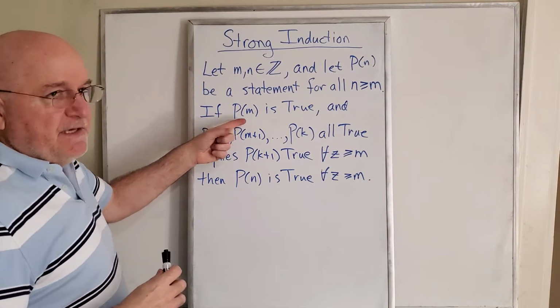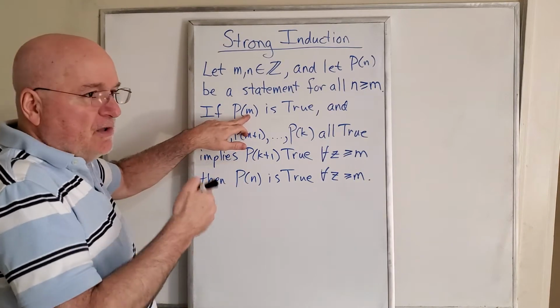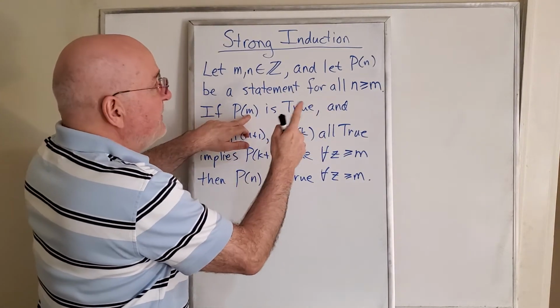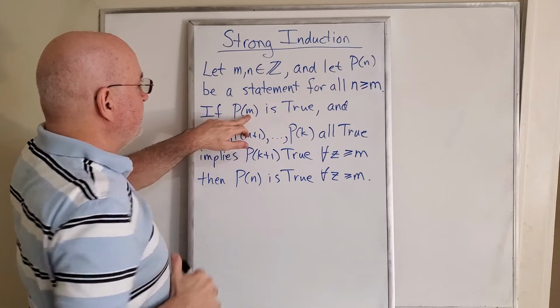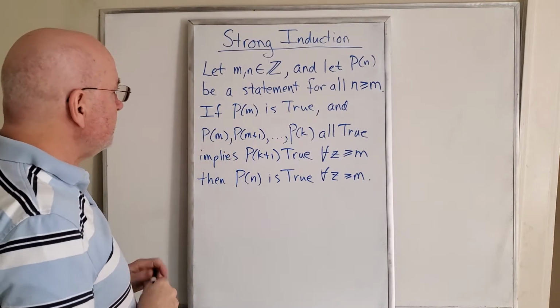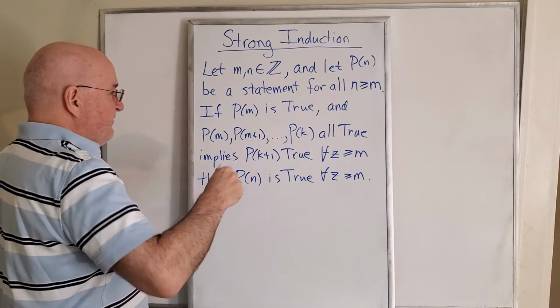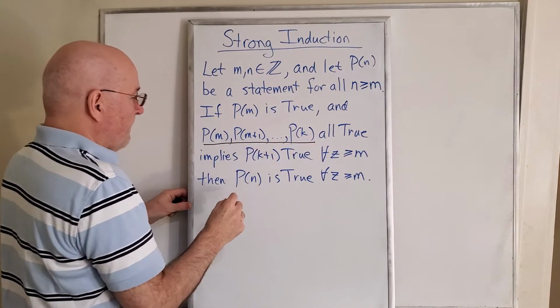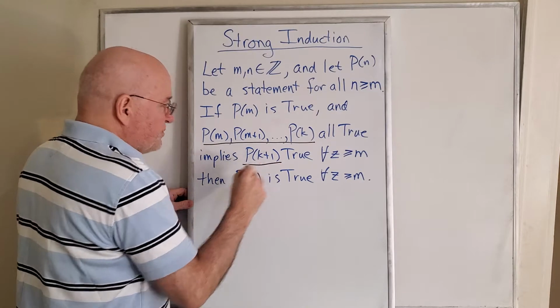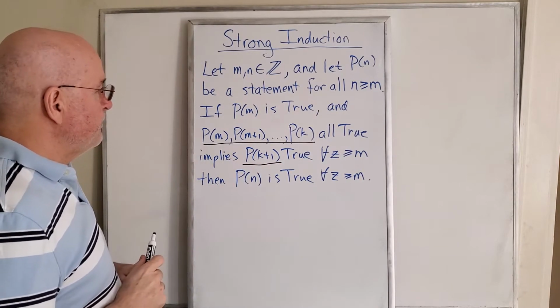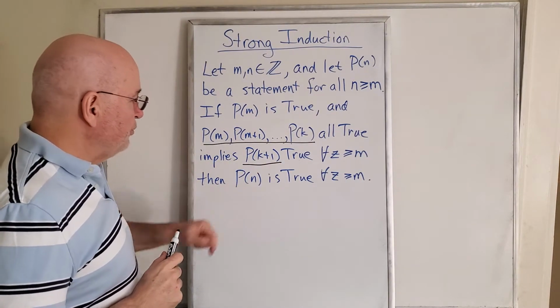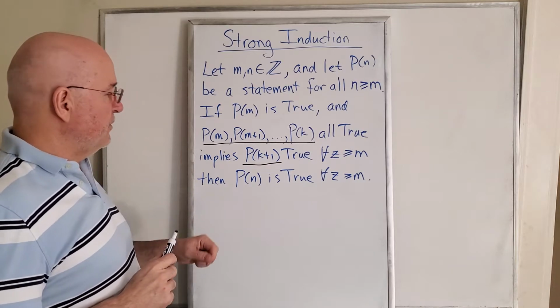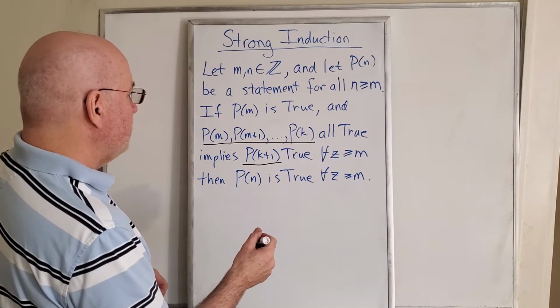If Pm, where m is the smallest, the very first proposition defined, is true, and if we can show that if all of the earlier ones are true, we can prove that the next one is true, then we've proved that Pn is true.